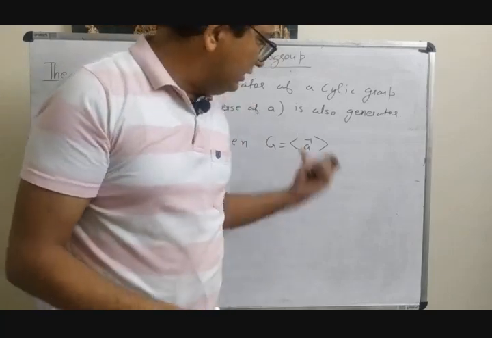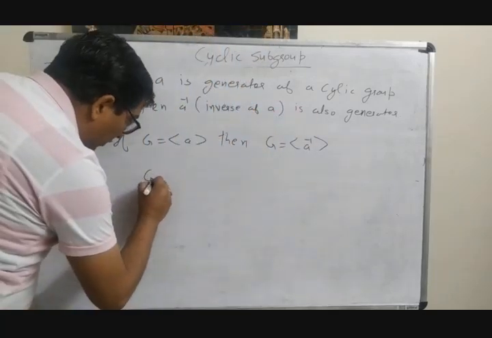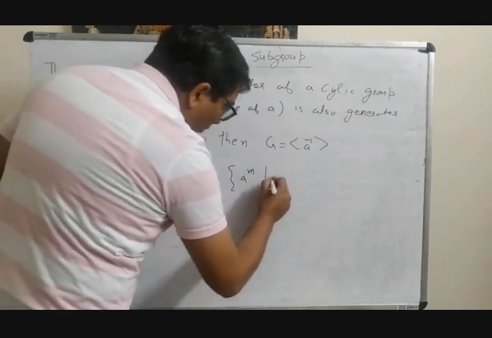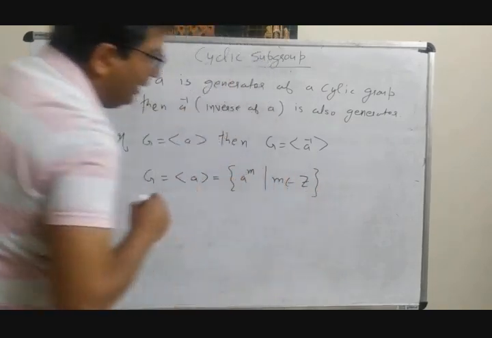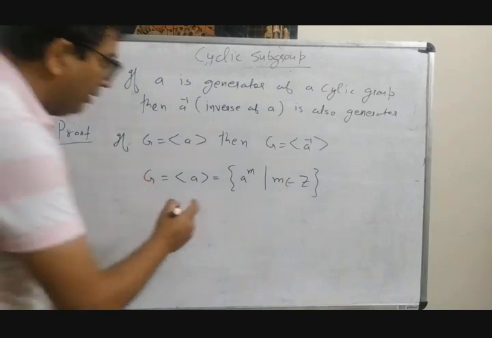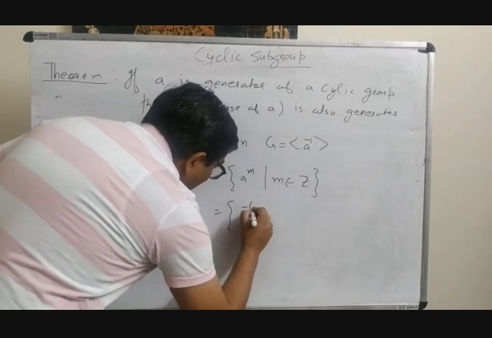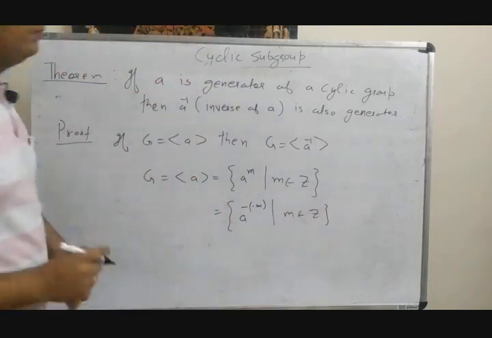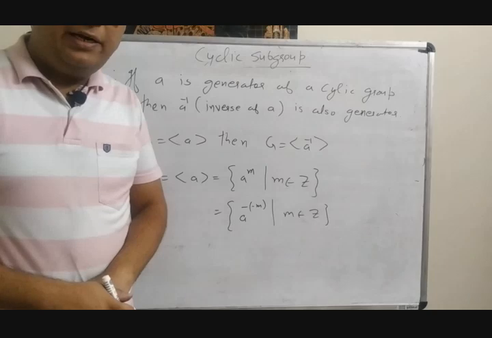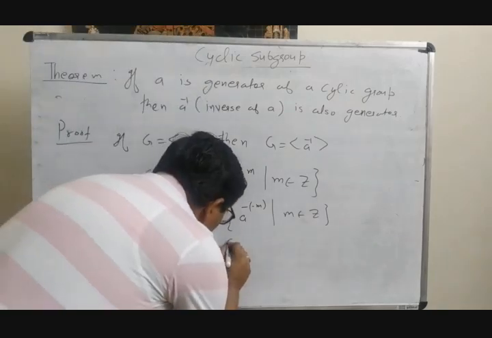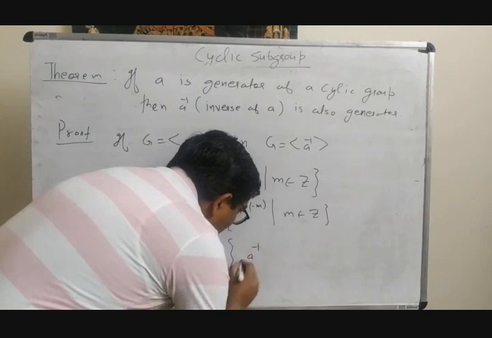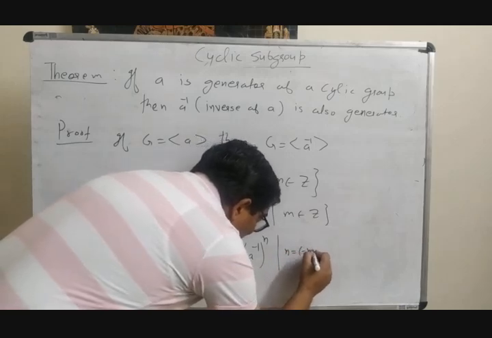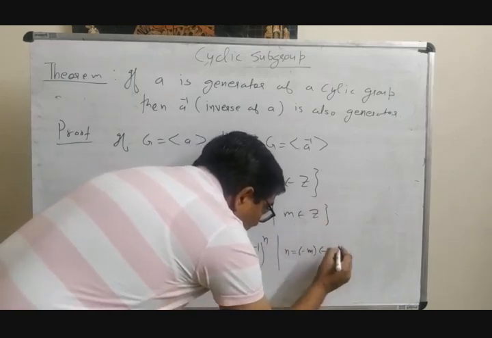How can we prove it? It's just the simple definition. Now G is equal to the group generated by A, what does that mean? Elements can be written as A raised to power M, M belongs to integers. And this can be written as A to the minus M. Now we can write it as A raised to power minus 1, raised to power N. Here N is equal to minus M. Since M is an integer, therefore minus M is also an integer.